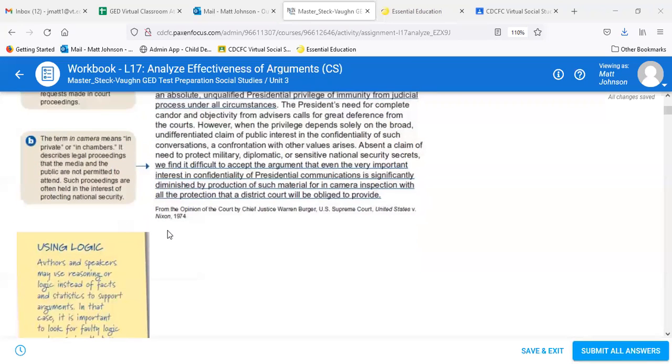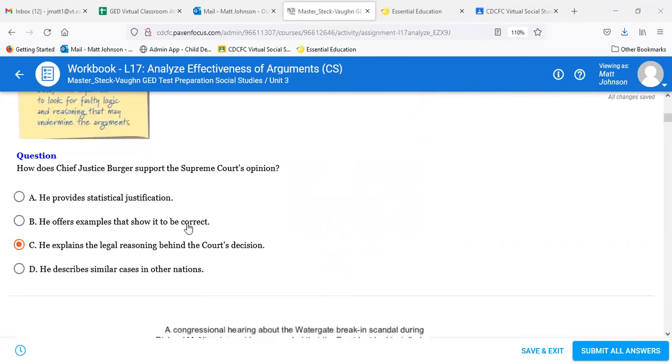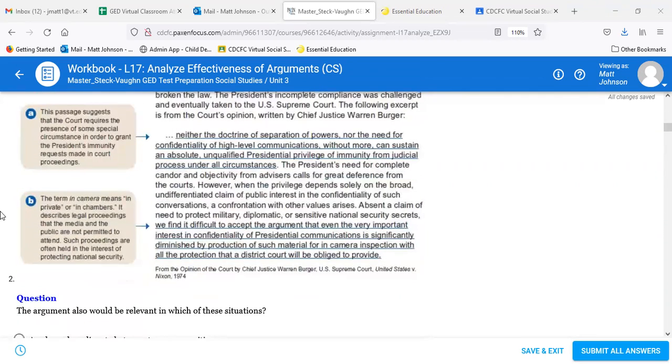So that's all sort of technical, but it is legal reasoning, basically. And it's sound, right? It's logical. He's not making any of those logical fallacies or faulty reasoning in his decision. So C for number 1.